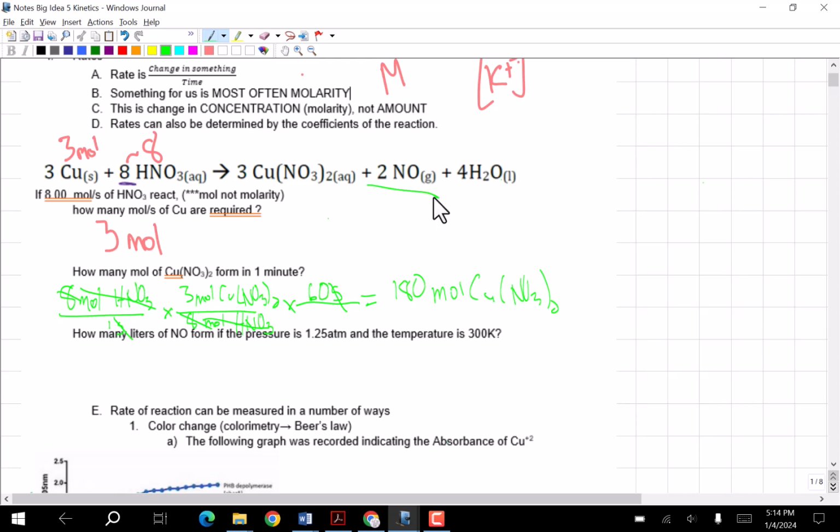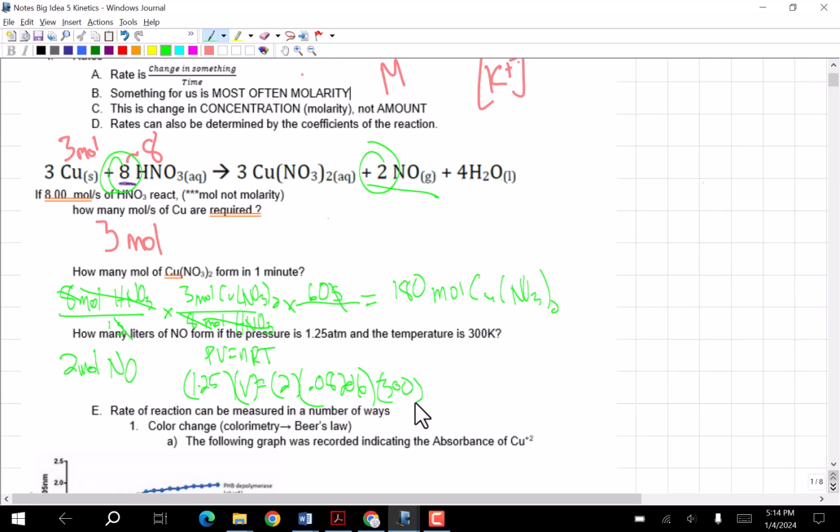We're starting off with 8 moles of HNO3, and we can tell now that 8 moles goes to 2 moles. So I have 2 moles of NO. How many liters of NO form? This is where we go back to our old friend PV equals nRT. The pressure is 1.25. The volume is what I'm solving for. My n is 2. R is 0.08206. My temperature is 300.